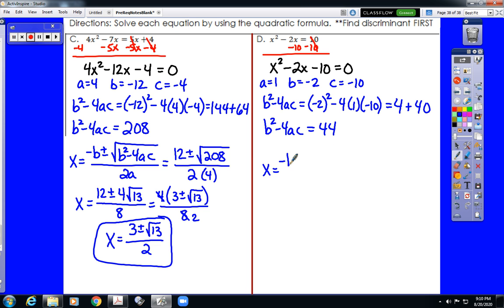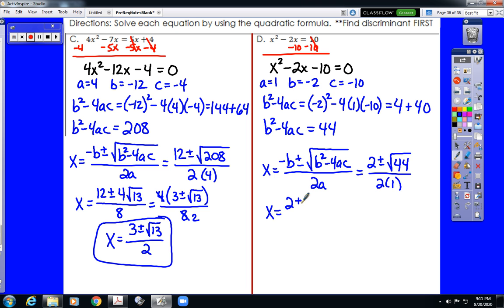Once again, we take that and plug it in along with b and a into the quadratic formula, which is negative b plus or minus the square root of the discriminant all over 2a. So the opposite of b would be positive 2 plus or minus the square root of 44 over 2 times 1. So x is 2 plus or minus the square root of 44, which is 2 root 11, over 2 times 1, which is 2.